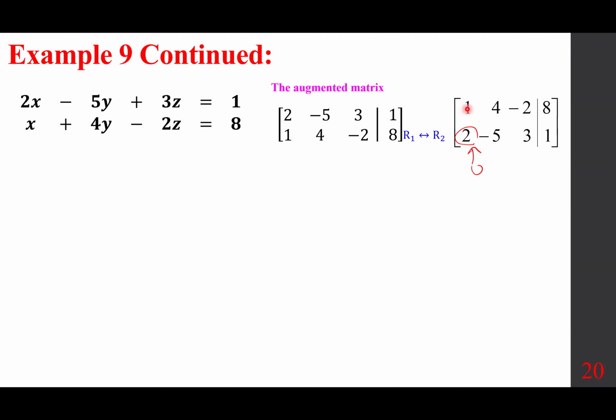Well, notice if I multiply this one by 2 and subtract it from this one. So I'm going to say subtract 2 times the first row from the second row. That means minus 2R1 plus R2 becomes the new R2. That's the meaning of it.